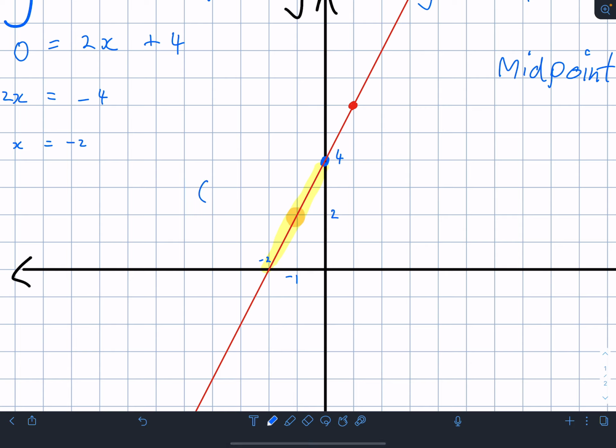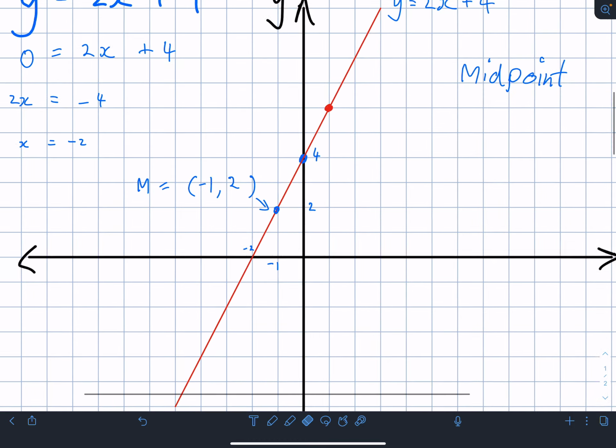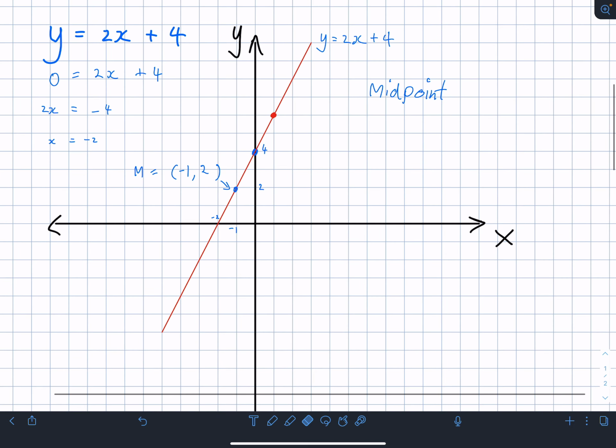So if we put that in, we've got our x value of -1 and our y value of y equals 2. And so that gives us the midpoint, M. M is for the midpoint. Okay, so let's clean up our curve a little bit more. So we've found the midpoint.